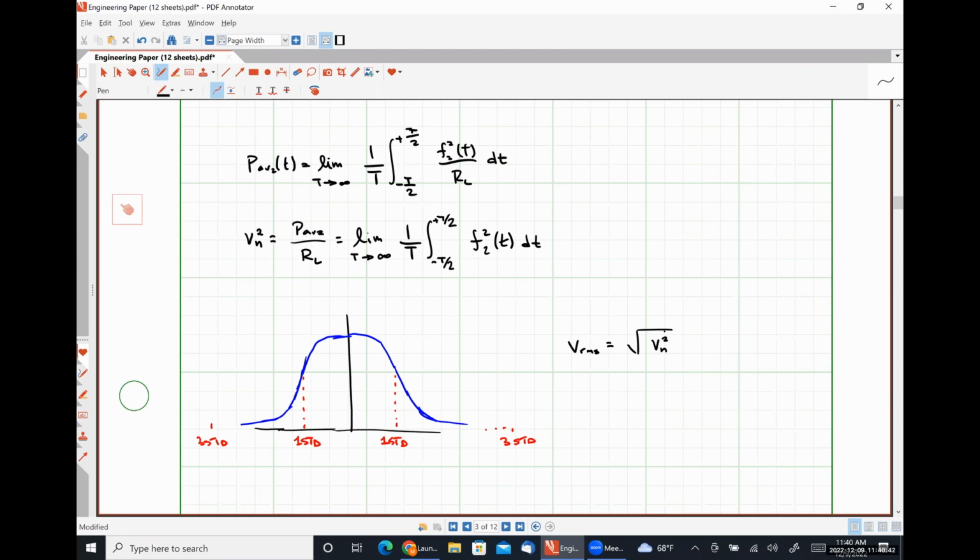You guys probably already know this, but because I talked about this way back in my Circuits 1 class and it will eat up roughly 45 seconds of time, I will talk about why it's called the RMS value. It is the RMS value because it is the root mean square of our signal, right? So we are squaring our signal. We are taking the arithmetic mean or the average, and then we are taking the square root to get our RMS value.